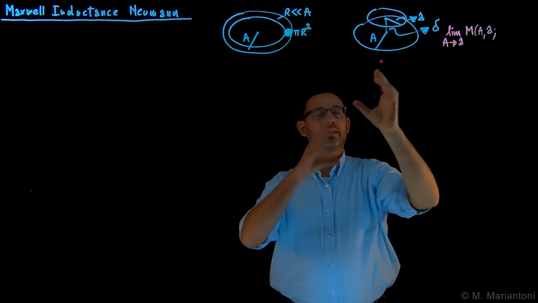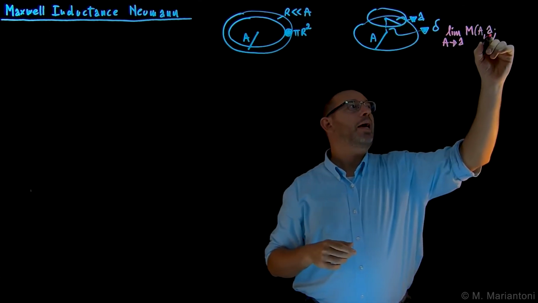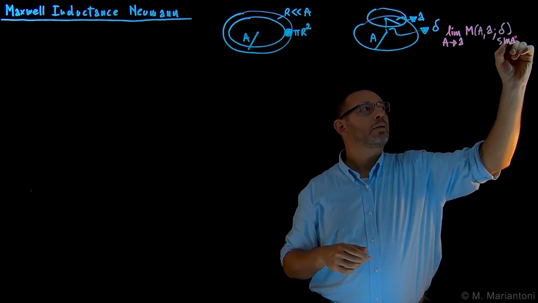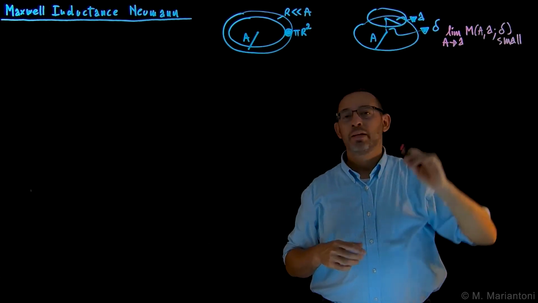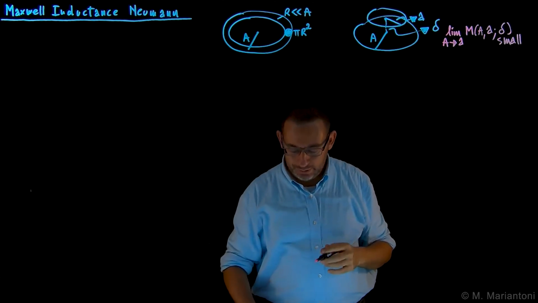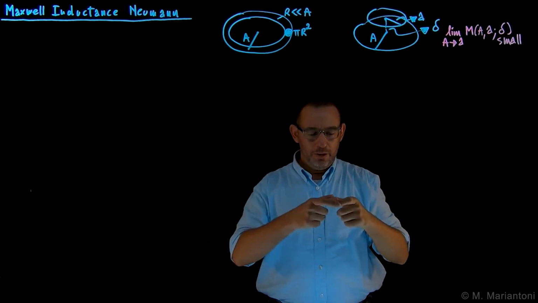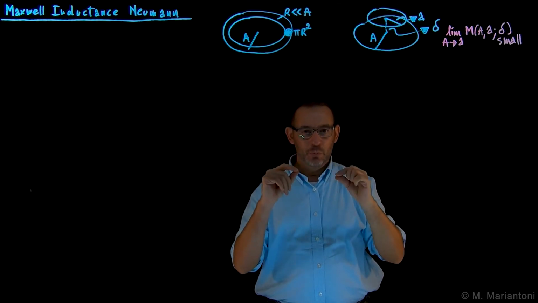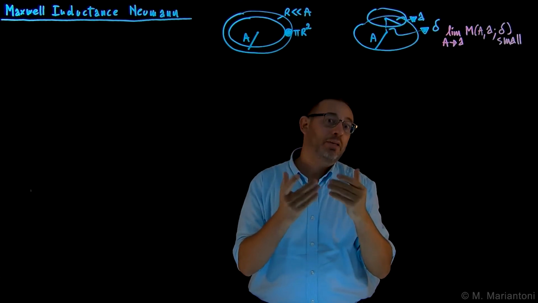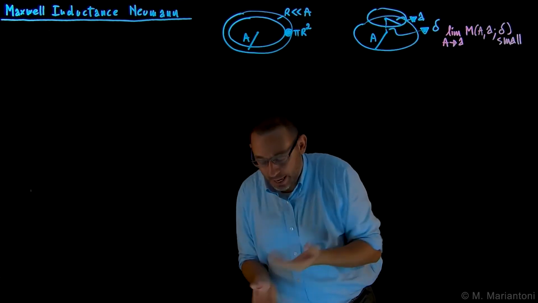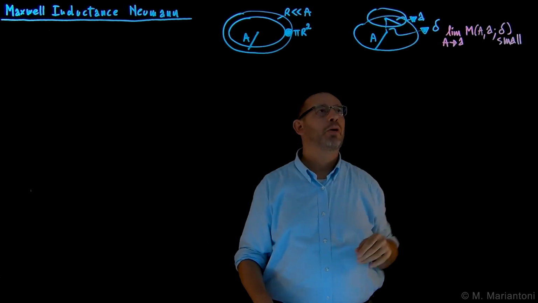Then we go in the limit that the two radii are the same, and small delta. So these are the limits which we want to do. So under these limits, if delta is small, that's why I call it delta. So I have two different loops. Then I make them with the same radius, small delta. Effectively, they become the same loop. And so the mutual inductance emulates the self-inductance in the limit, okay?